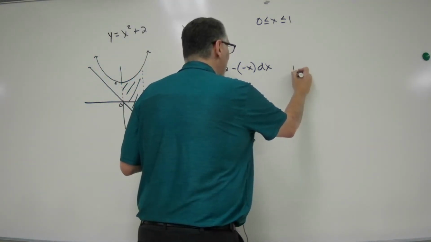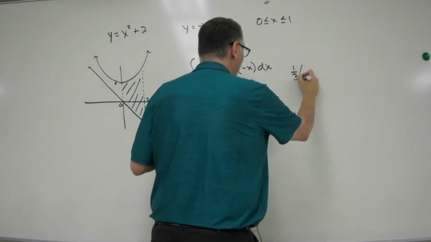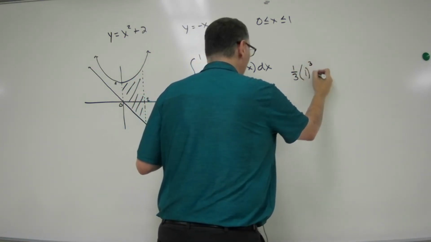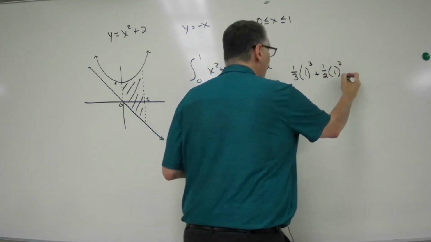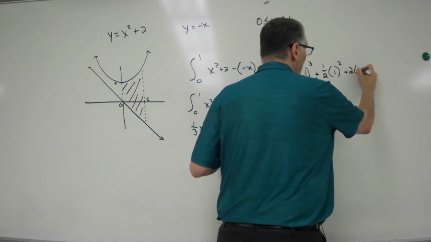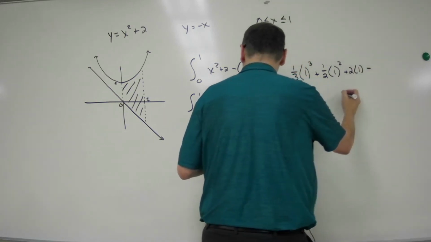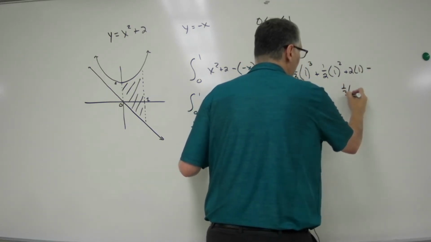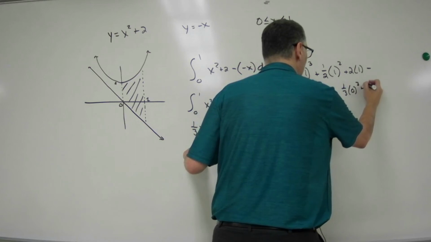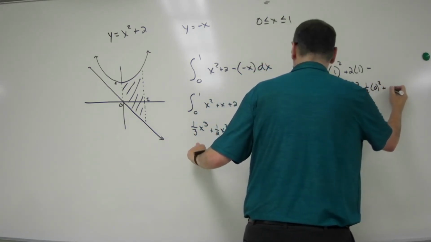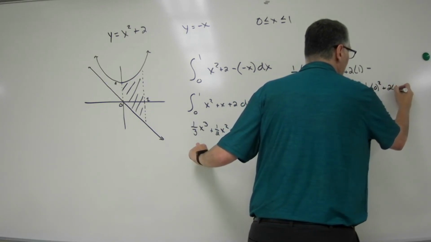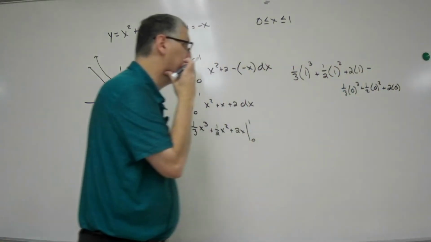Alright. You're right. So we're doing 1/3 times 1 cubed plus 1/2 times 1 squared plus 2 times 1 minus 1/3 times 0 cubed plus 1/2 times 0 squared plus 2 times 0. Alright, cool. So that's the AP part done.